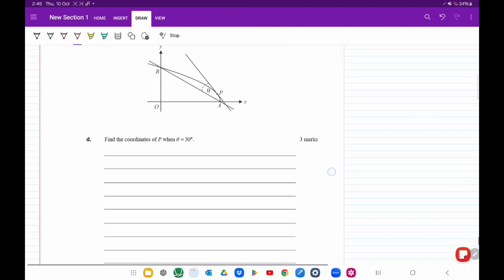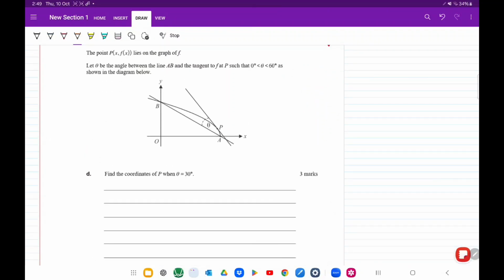All right, last question. It says here to find the coordinates of point P when theta equals 30 degrees. So what I can say with this question is as follows. If I look at A, O, B, I see 30 degrees right there.